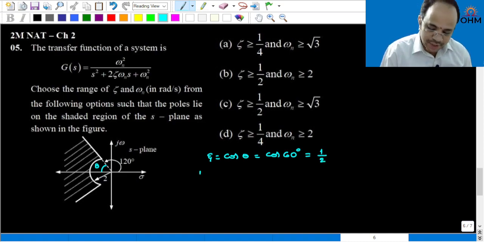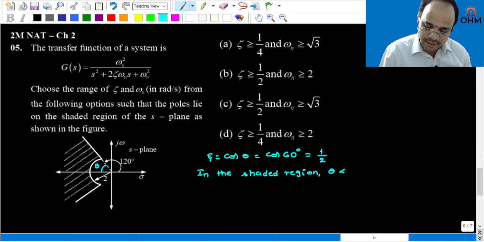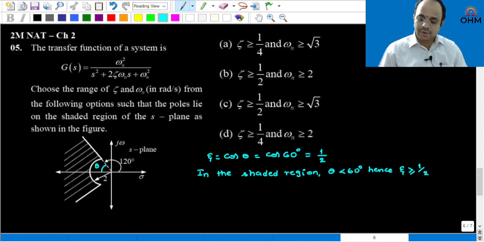Next, in the shaded region, theta is less than 60 degree, hence damping ratio could be greater than, of course, or equal to 1 by 2.